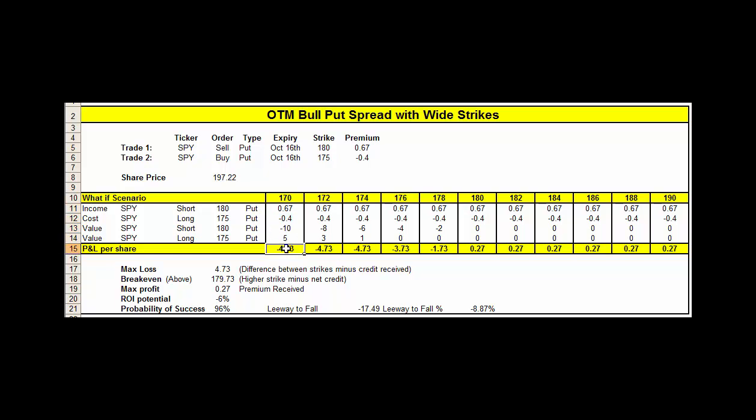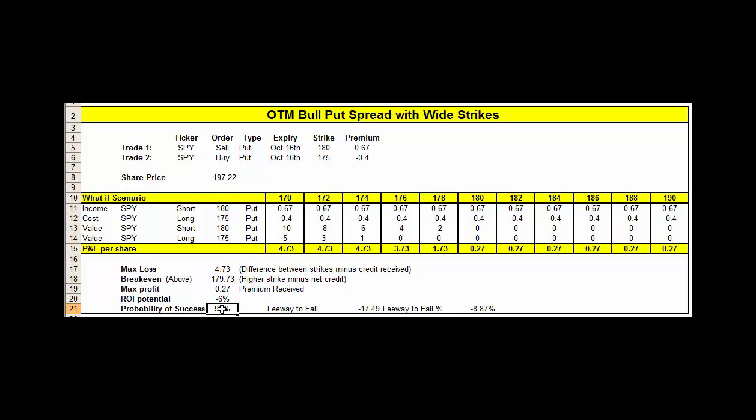And as you can see, it's very similar to our trade analyst that we just did there. So the worst we can do is lose 473 in this trade, and the best we're going to do is make 27 cents. And you're kind of saying, well, why would we do that? And the answer here is, I'm going to bring it straight down here, the probability of success is so high. We're forecast to make about 96% profit in this particular trade, so the chances of us losing here are very, very slim.